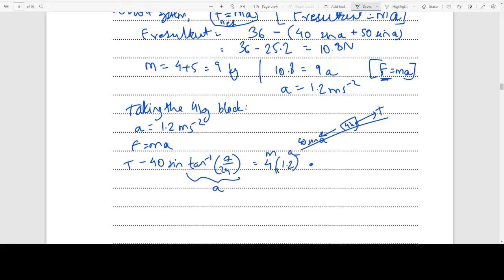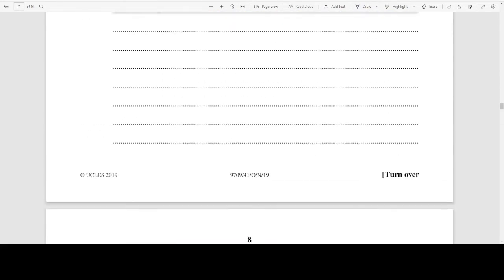If you solve this, you get tension as 16 Newton force. So we have the acceleration and we have the tension. Let's move on to the next question.